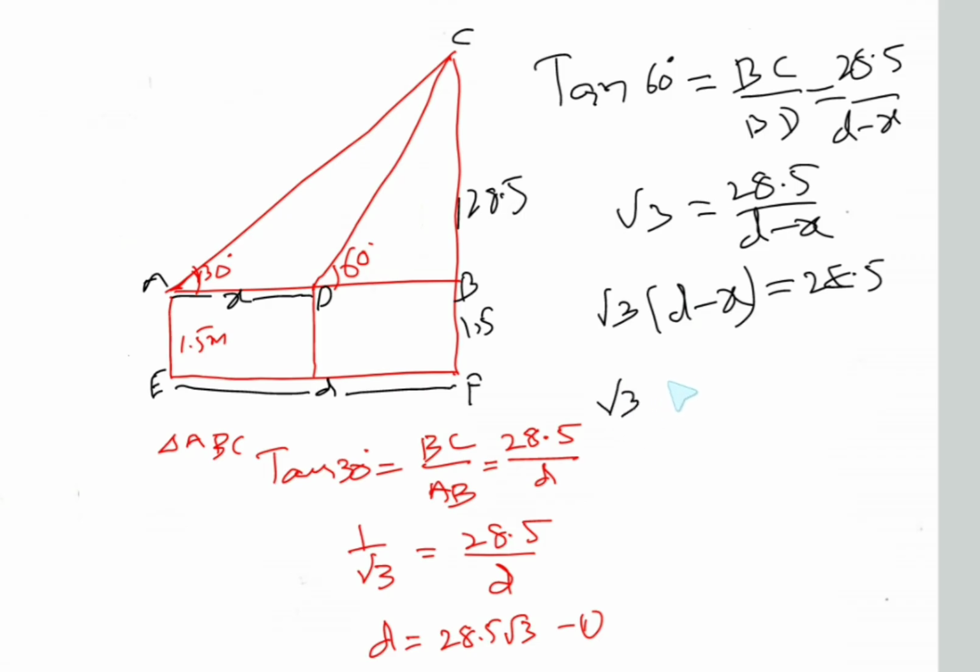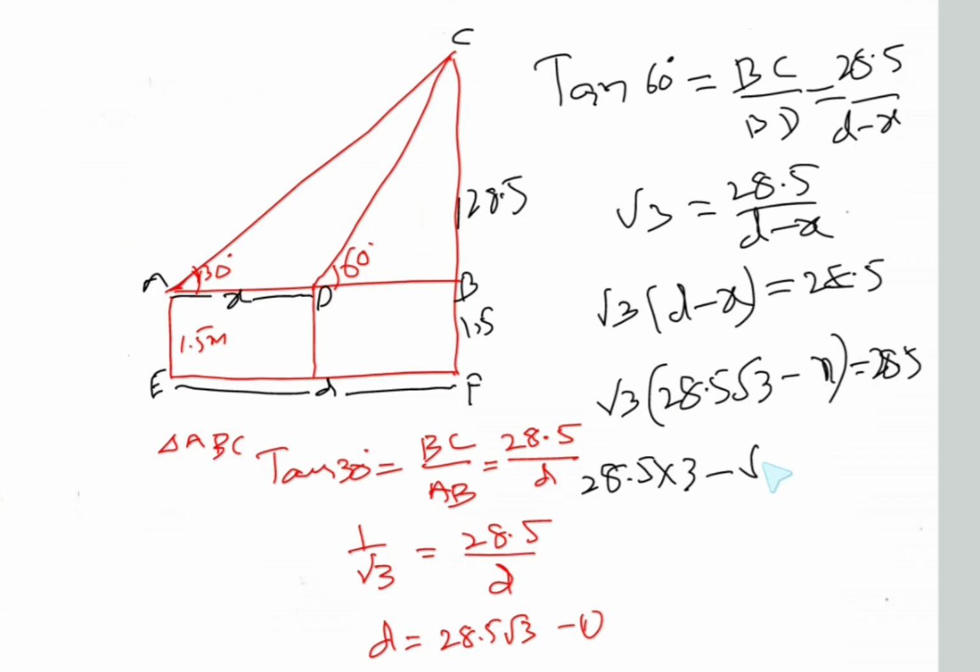So, root 3 into 28.5 root 3 minus x is equal to 28.5. That means 28.5 into root 3 times root 3, that is 3, minus root 3 x is equal to 28.5.